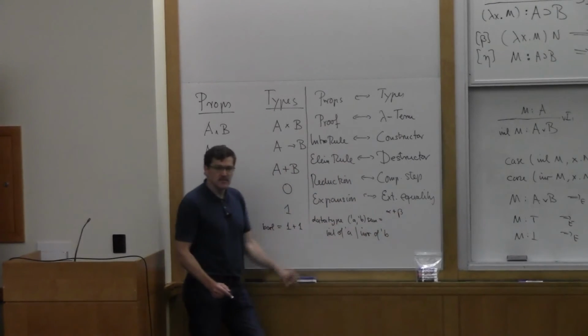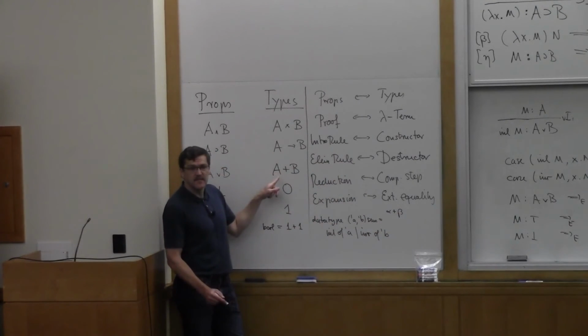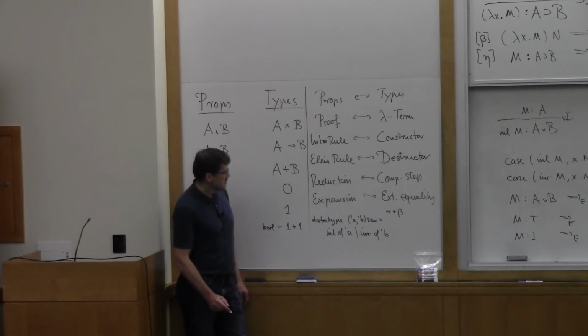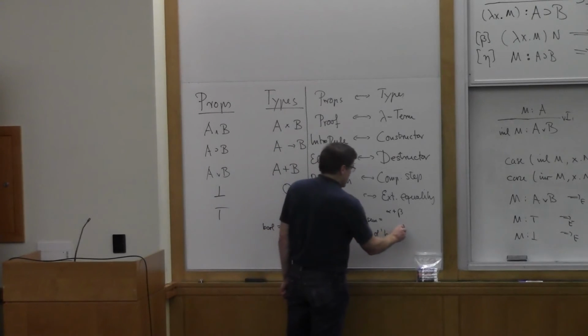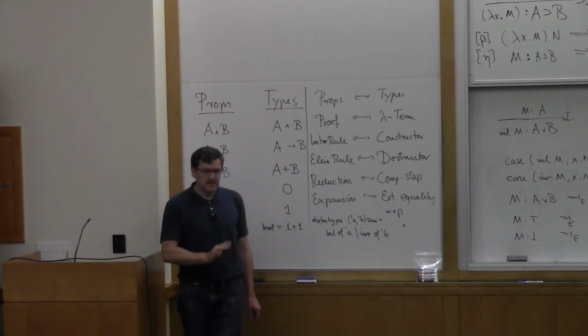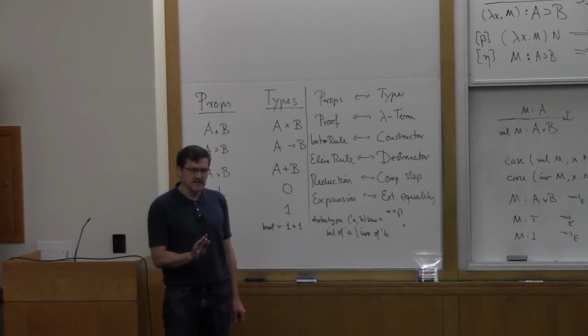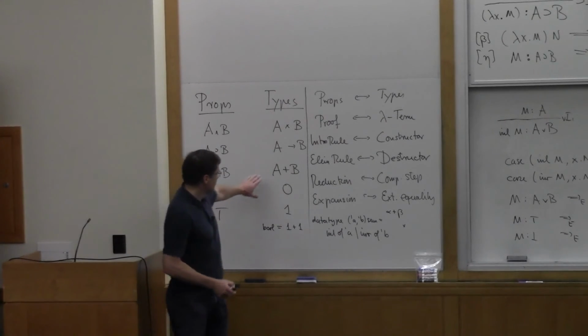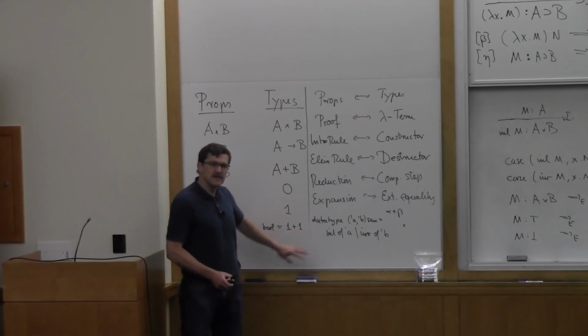So the sum type should be the constructors for elements of that type. Is there a joint type, like joint or? So this one's like exclusive. If you're asking for really an OR type, no, I think you just have disjoint sum. There are other things one can do in order to take ORs and ANDs, but that's a completely separate thing that I don't want to get into. That's not directly motivated by Curry-Howard. So I have this one, which is disjoint sum, which can be defined like that. That's what you get.